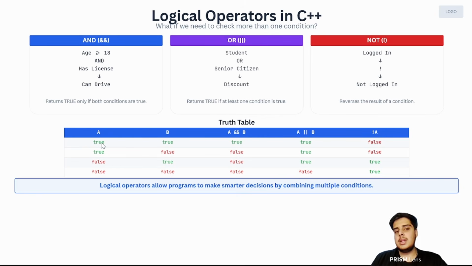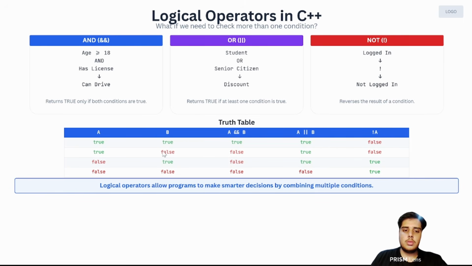Because one condition is required to be true, in OR it also gets true. Here we have used NOT A. When the given thing is true, then not A means not true, and not true is false, so the output is false. Same for the next one: true is also false, and for the rest two that are false, not false is true.